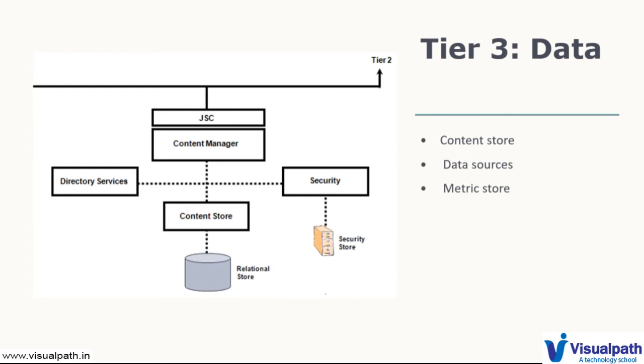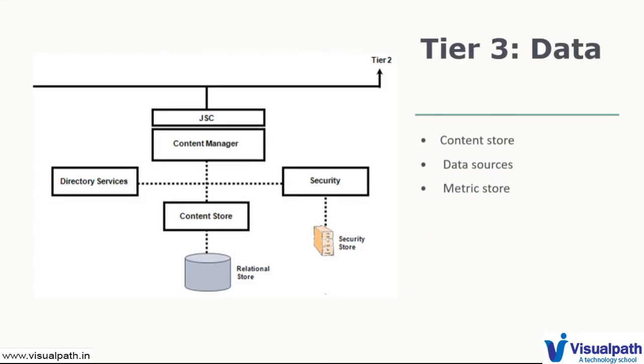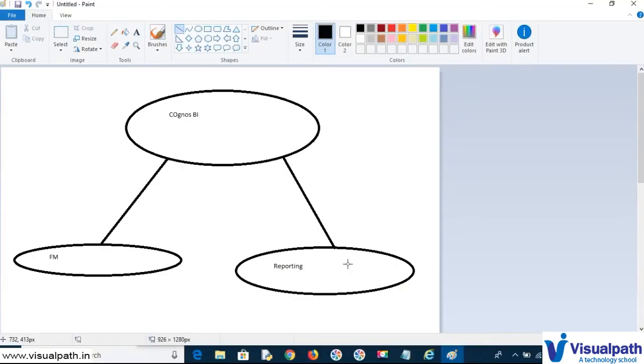But before going further, I want to tell you that Cognos BI consists of two basic components. The first component is the framework manager and the other component is the reporting.